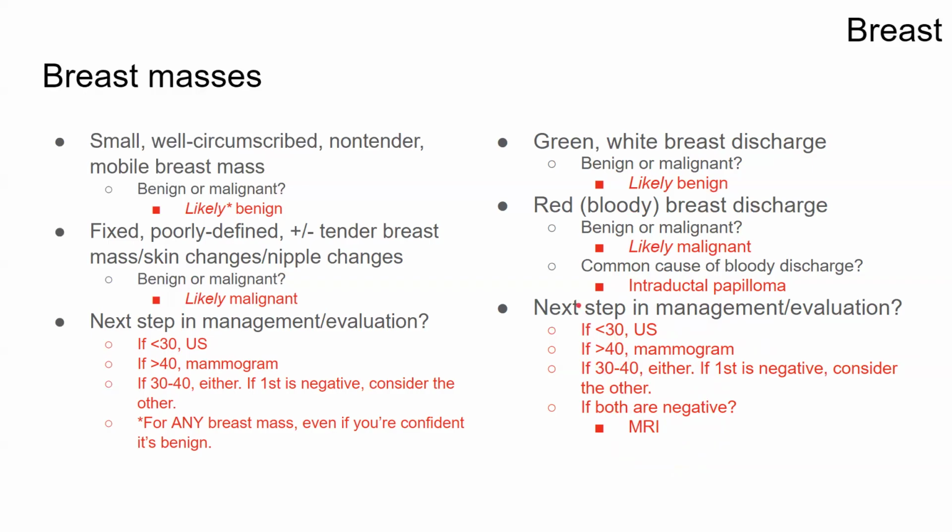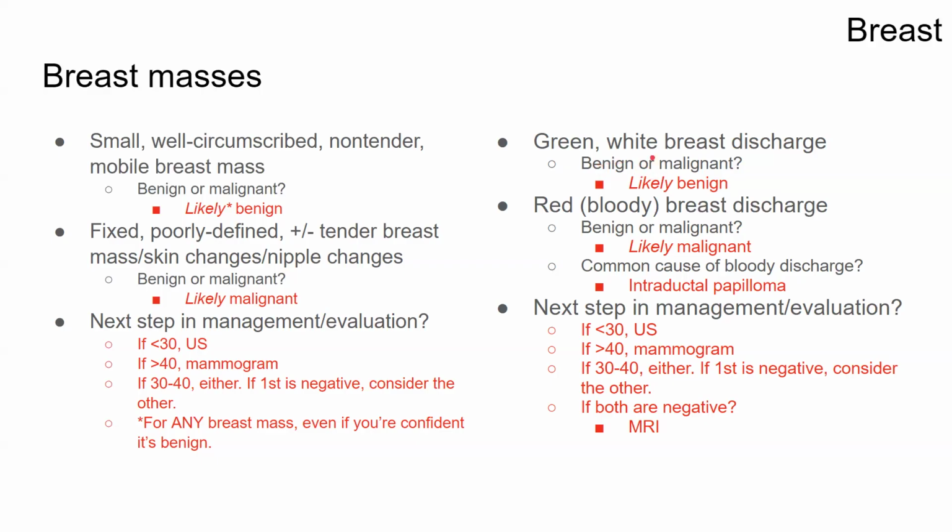One other thing I'll mention here is that you can have a prolactinoma, which is not necessarily a breast malignancy, but it can present with galactorrhea. If a woman who did not recently give birth or is not breastfeeding all of a sudden starts producing milk, you would want to start thinking there's some sort of endocrine abnormality causing her to produce milk for no reason.